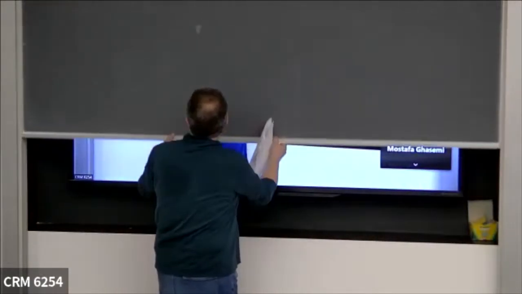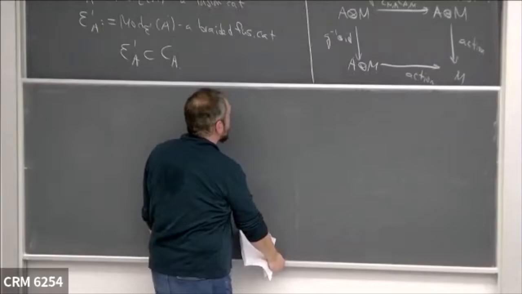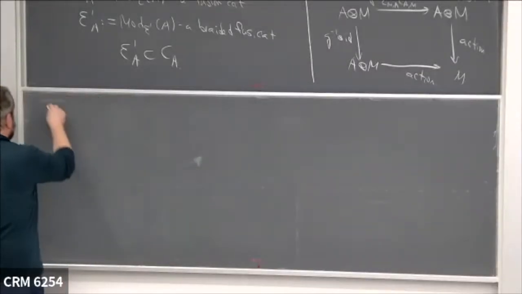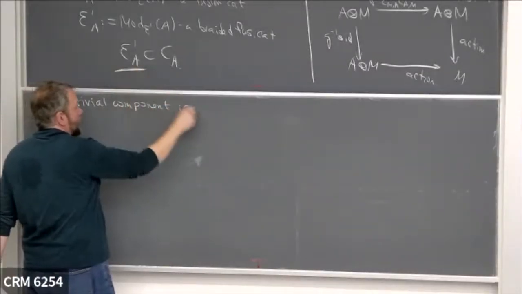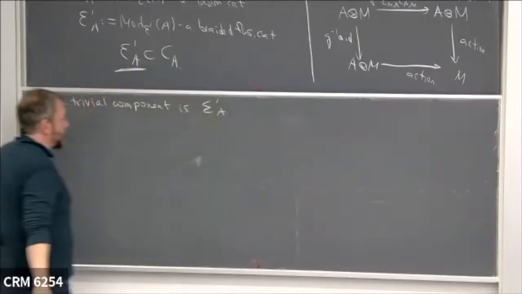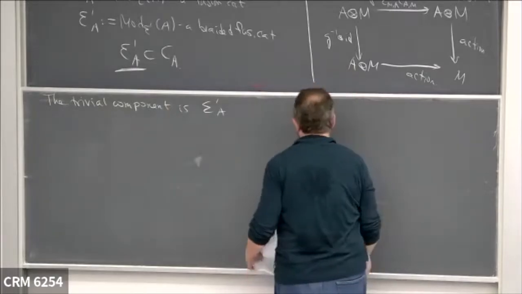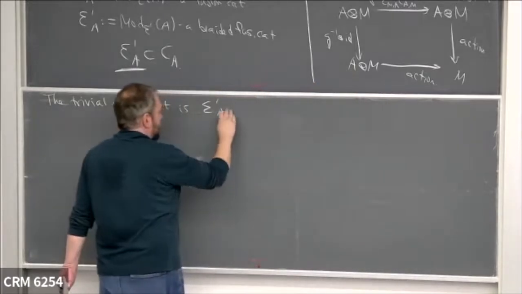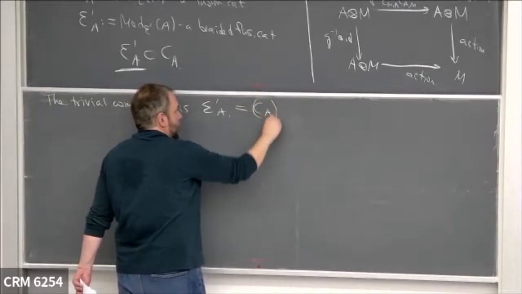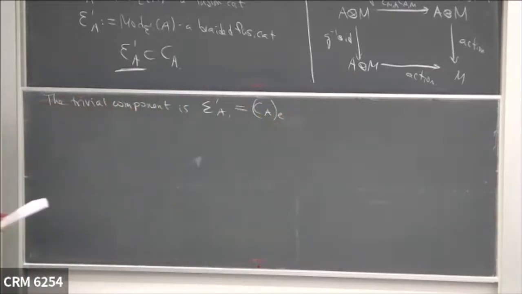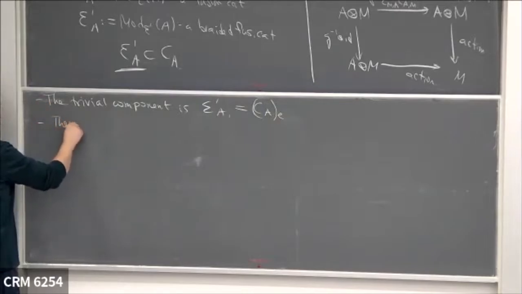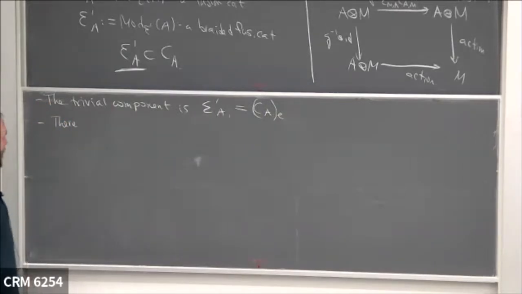So this is one piece of structure. Incidentally, the trivial component of this grading is the braided category. I should write it here. Anyway, this is C_A identity. Next, that's not all. Not only does it sit there as the trivial component of the grading, but it's also central in the following sense.